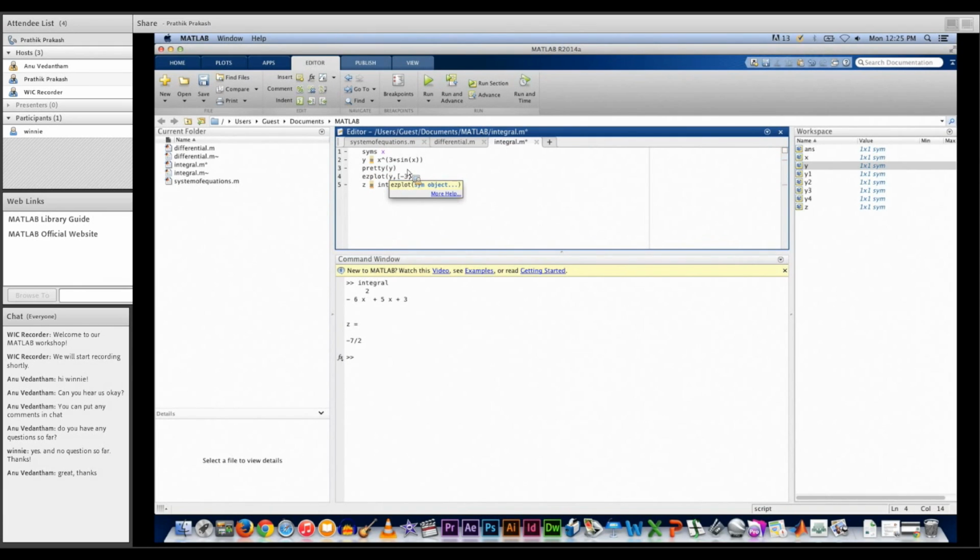So I would want to plot between -3 to 9 and close the function. And then the z calculates the integral of function y between -3 to 9. And finally, let's just display the area.